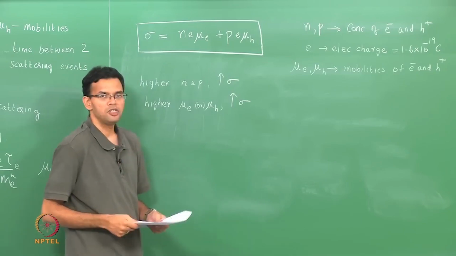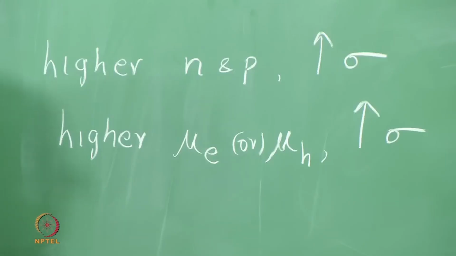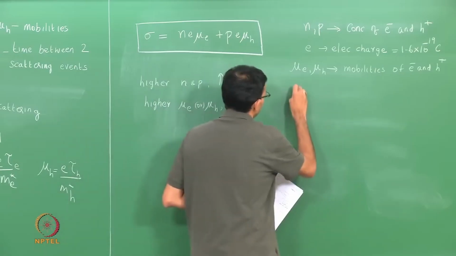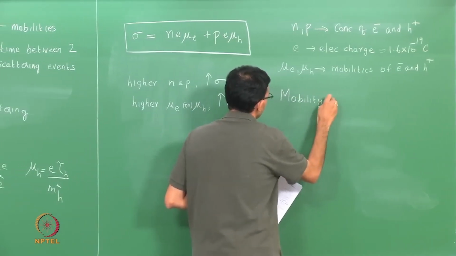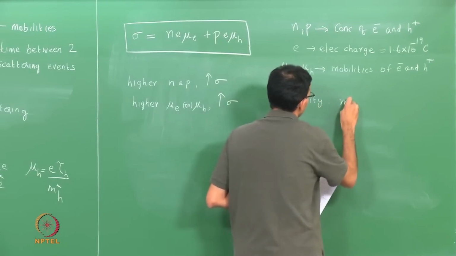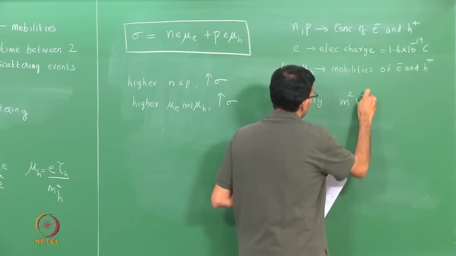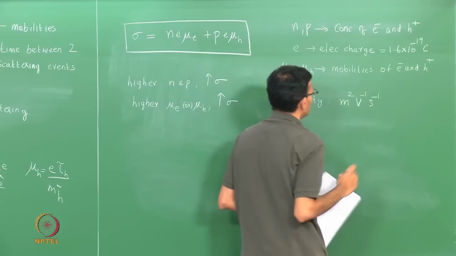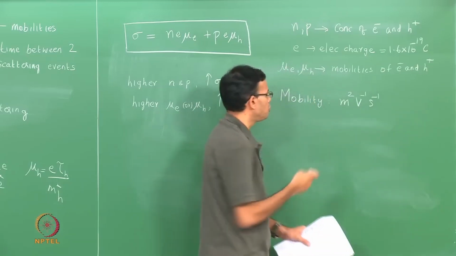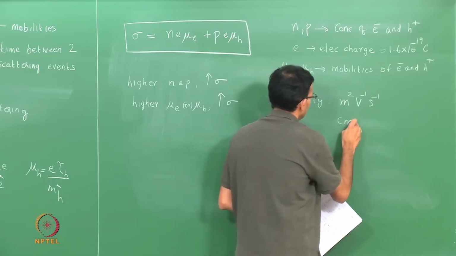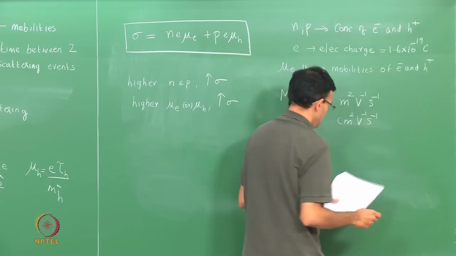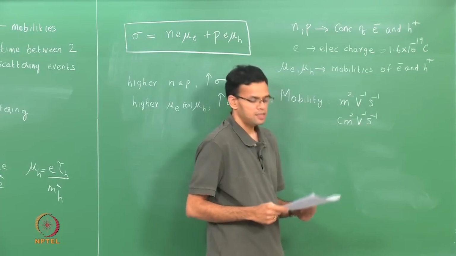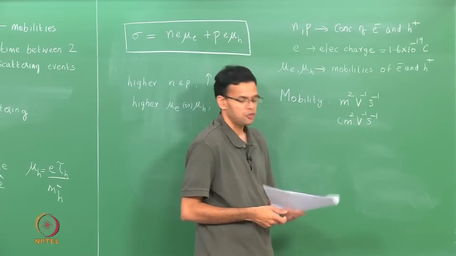The typical units for mobility are meter square per volt per second. You will also find that some books give values in centimeter square per volt per second. So, let us take a look at the mobility values for silicon.